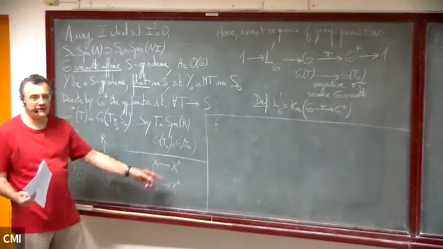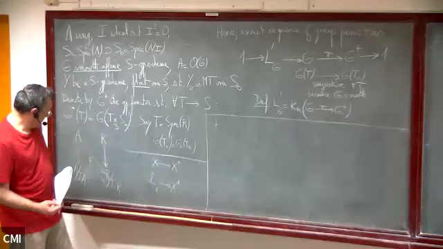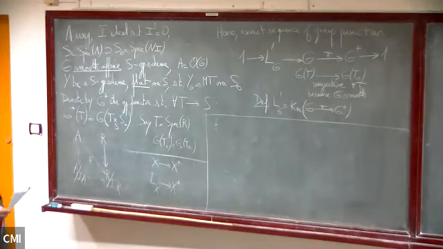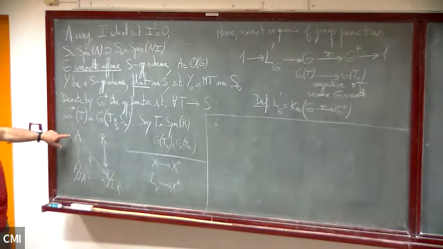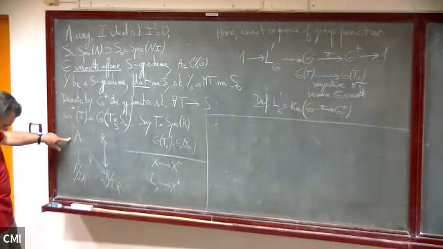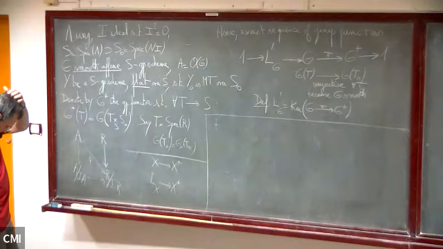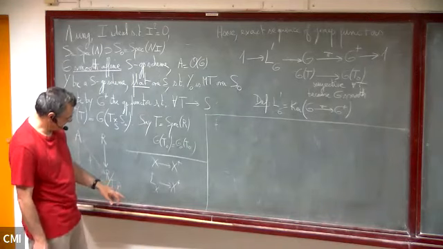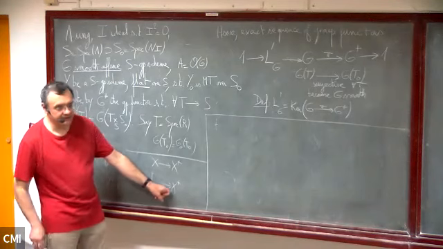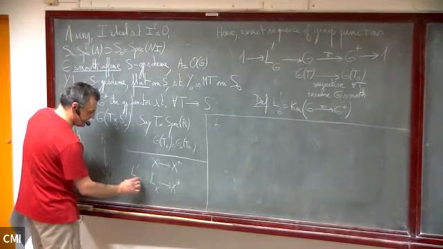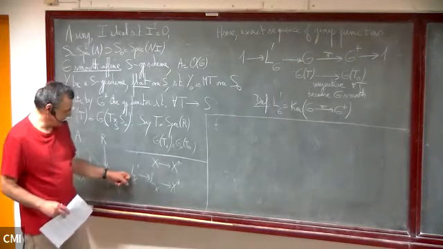So this was a map from T to G. This corresponds to the lifts of a given map at the level of Lambda 0, and then there is a kernel here.